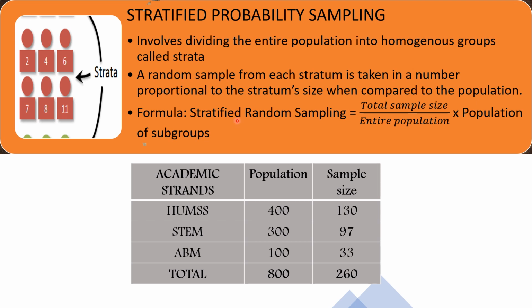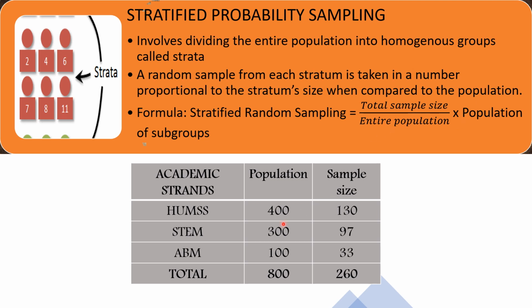And then, to find the number proportional to population size, you will use stratified random sampling. The formula is total sample size over entire population times population of subgroups.